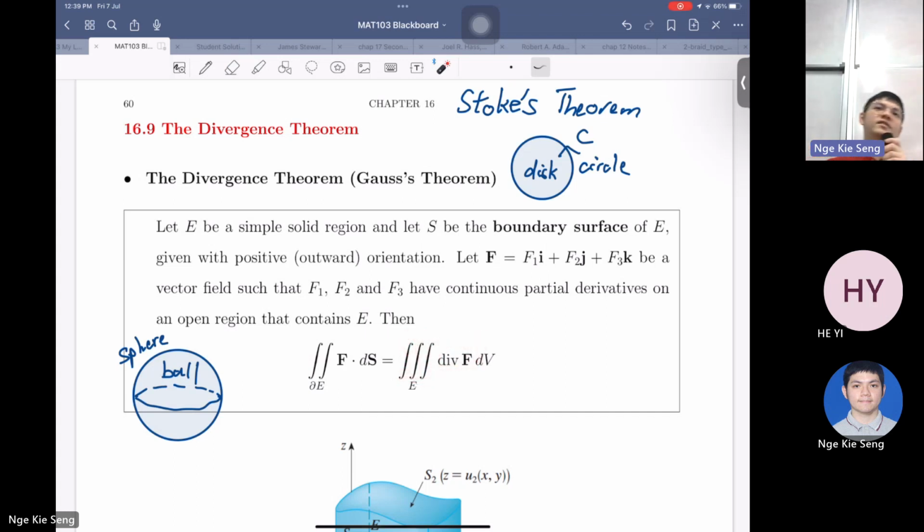Is div F a vector function or a scalar function? Scalar, right? Because you are dotting two vectors together, so you get a scalar function here. So when you do this triple integral, there's no funny thing popping out.